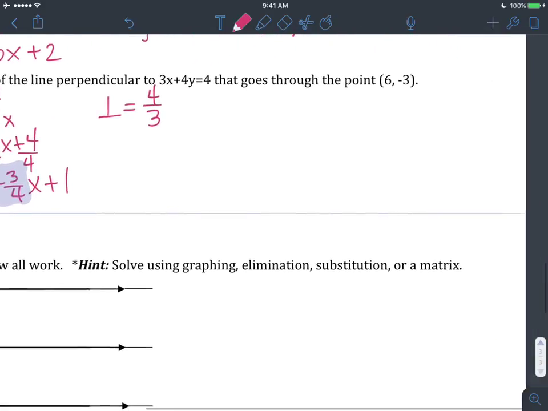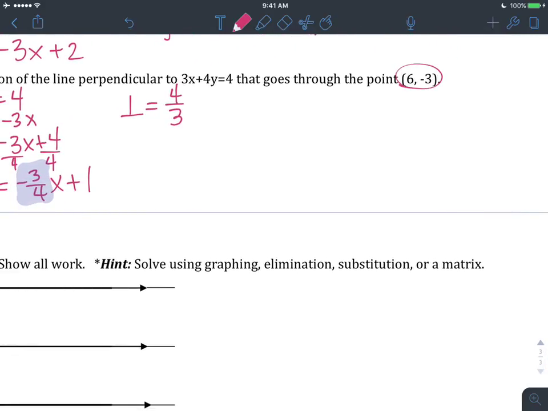So we're going to use that, and then we're going to use this point 6, negative 3. So again, we're using y minus y1 equals m times x minus x1. So y minus negative 3 equals 4/3 of x minus 6. Distribute that 4/3.